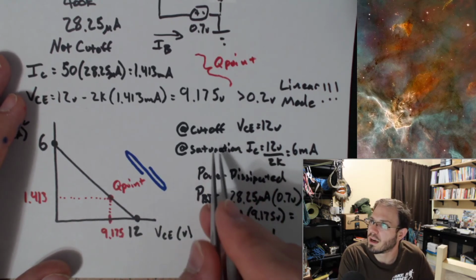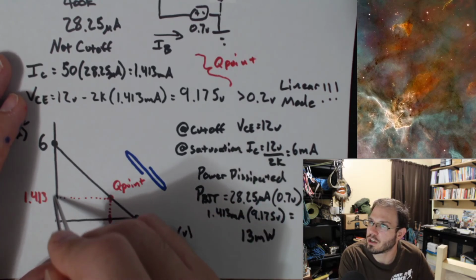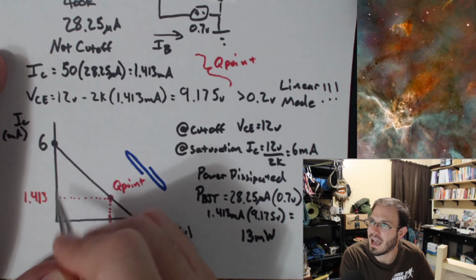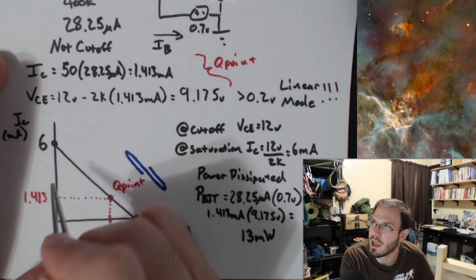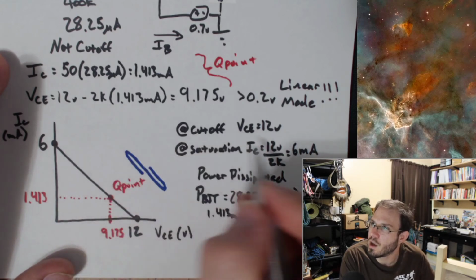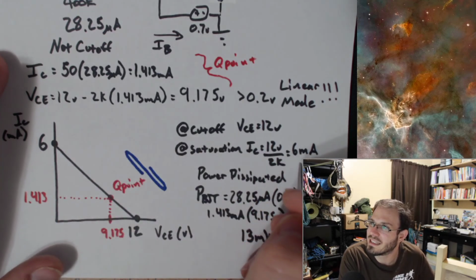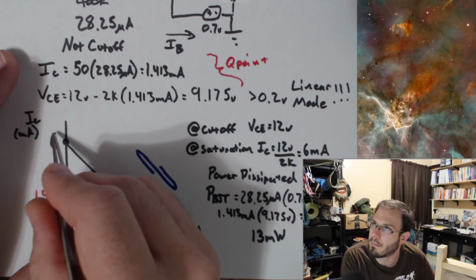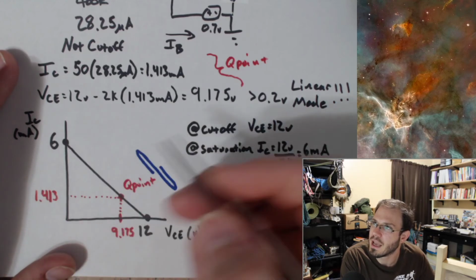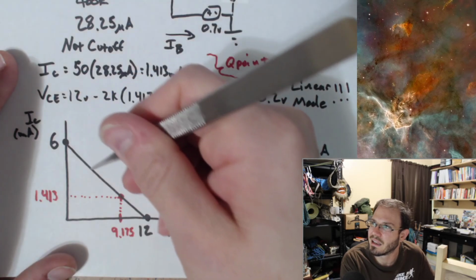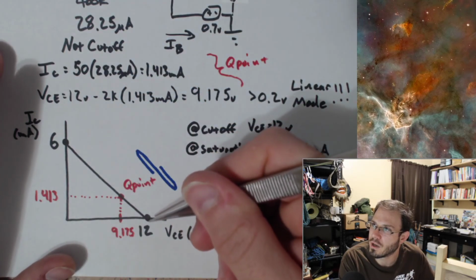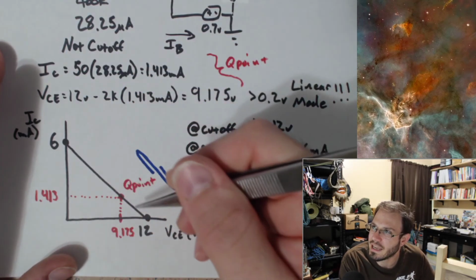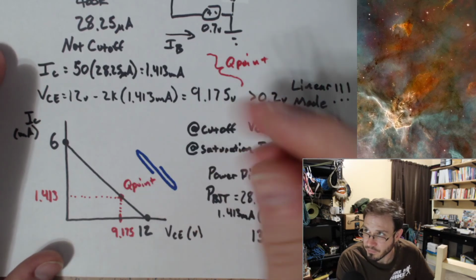Now, for saturation, saturation occurs along our x-axis. That's our saturation region. But specifically for our circuit, we get an IC equal to 6 milliamps. Hence, I've gone ahead and drawn in a dot over here, marked that as 6 milliamps. Now we draw a line from saturation to cutoff, and that line goes through the entire linear region.